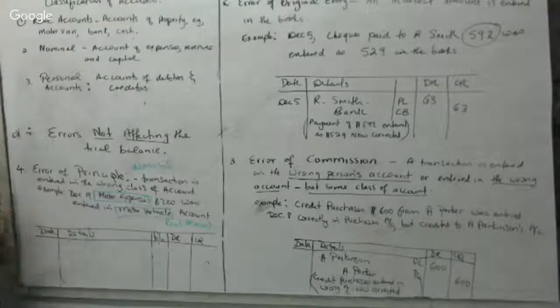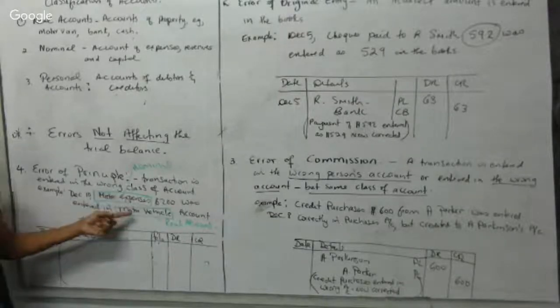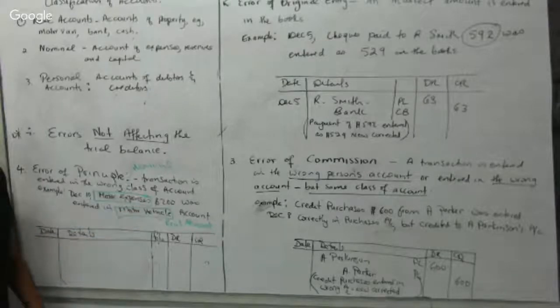The transaction says that motor expenses was entered in the motor vehicle account. Some people will ask which side of the account? But if you're recording motor expenses, it must be debited, because expenses are always debited when they are being made. So instead of debiting the motor expense, you've debited the motor vehicle account.